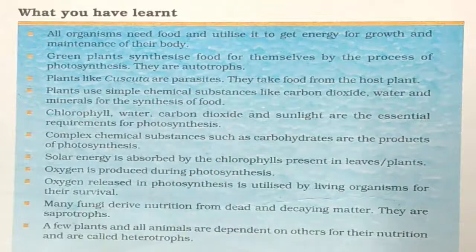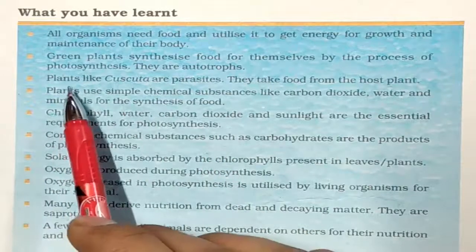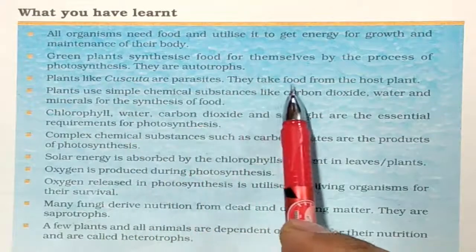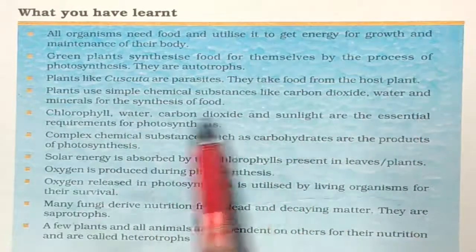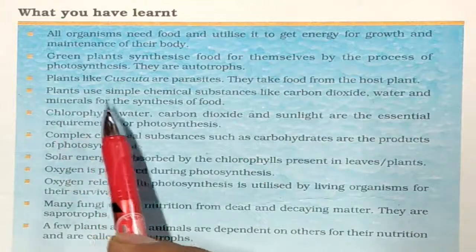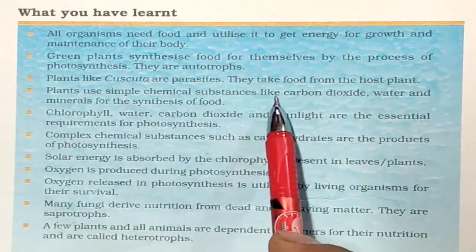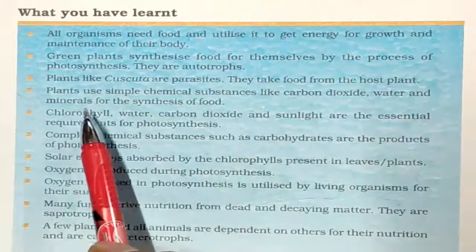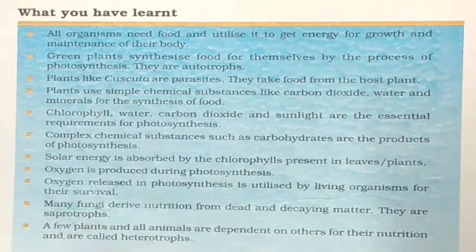They are autotrophs. Plants like Cuscuta are parasites. They take food from the host plant. Plants use simple chemical substances like carbon dioxide, water, and minerals for the synthesis of food.